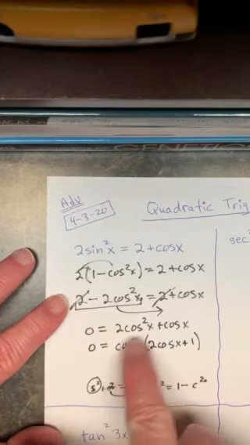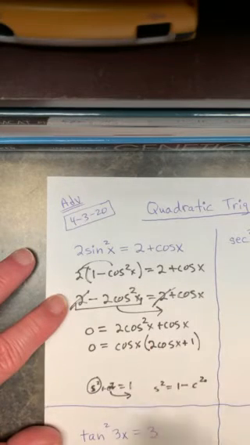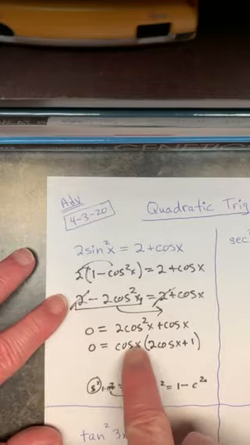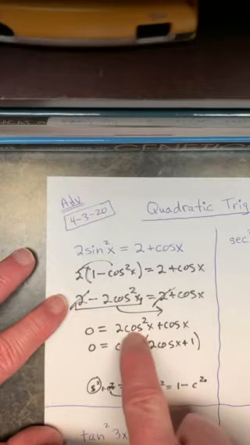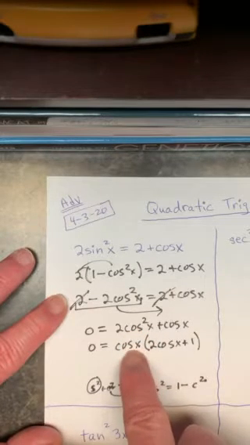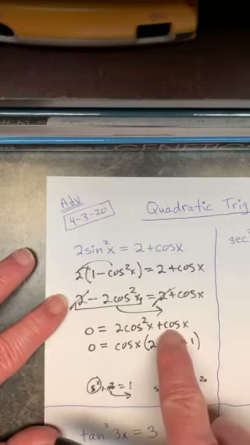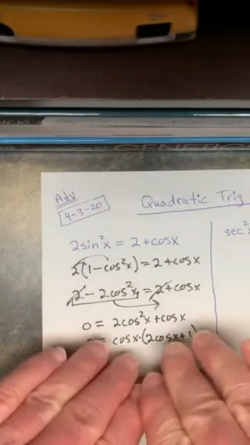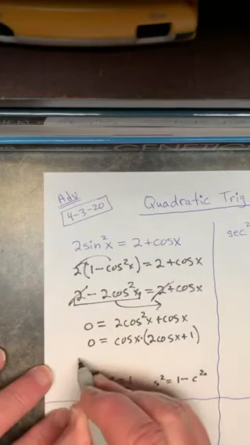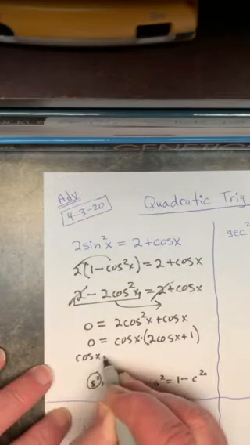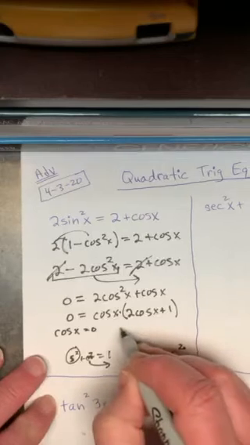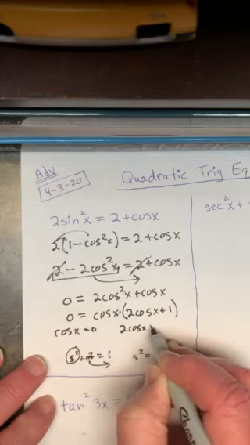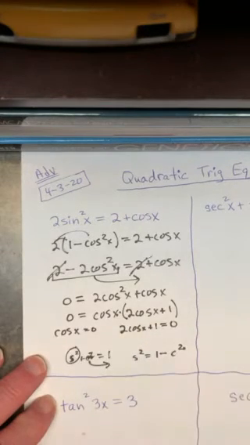Because when I distribute to check my answer, cosine times 2 cosine is 2 cosine squared, and cosine times 1 is cosine. And because they're connected by multiplication, I can now do the old split those apart step. I would have cosine of x equals 0 and 2 cosine x plus 1 equals 0.